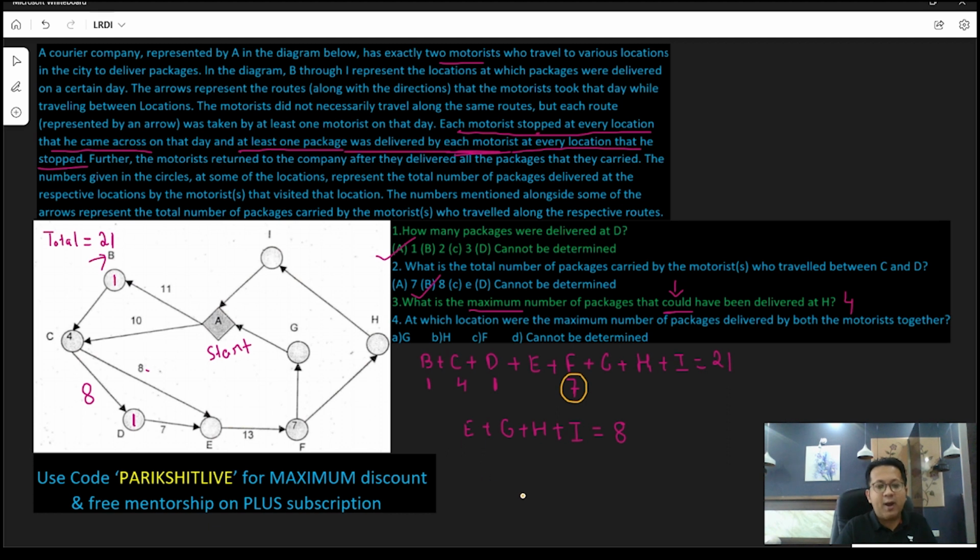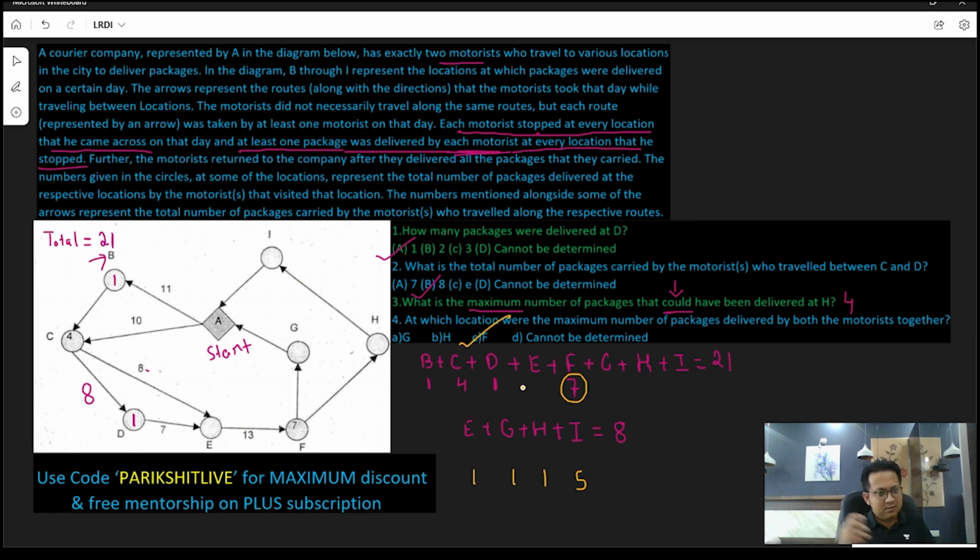So if you give 1, 1, 1 to any 3, it could be E, G, H, it could be any 3, the maximum that any of these 4 variables can take is 5. Hence, none of the numbers can be equal to or greater than 7. That means the answer for the last one has to be F, because no number greater than or equal to 7 is possible for any other variable. Answer is option C, F.